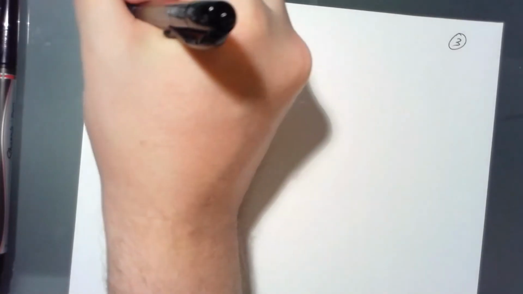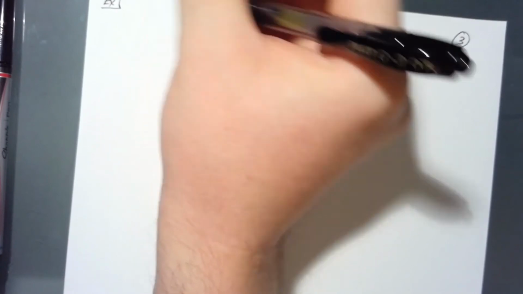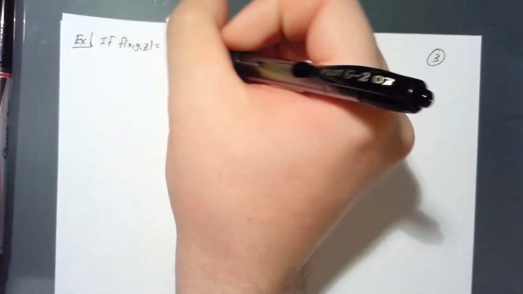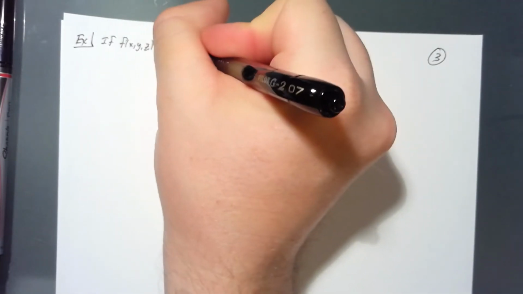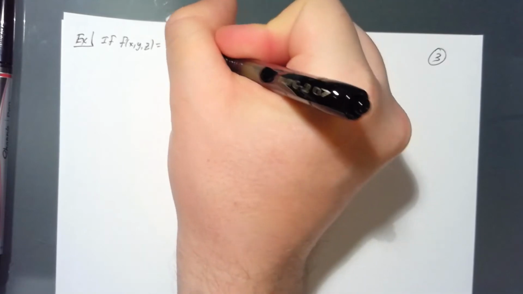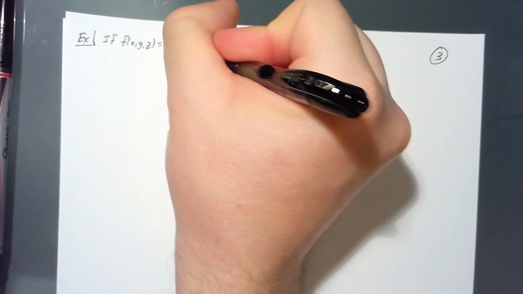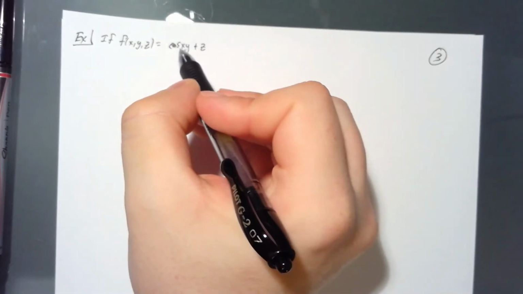Alright, let's look at another example here. The three variable function is equal to cosine of xy plus z, and the inputs of this are x, y, and z, not just x.